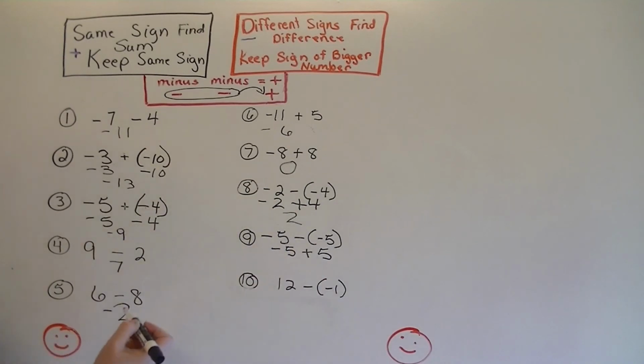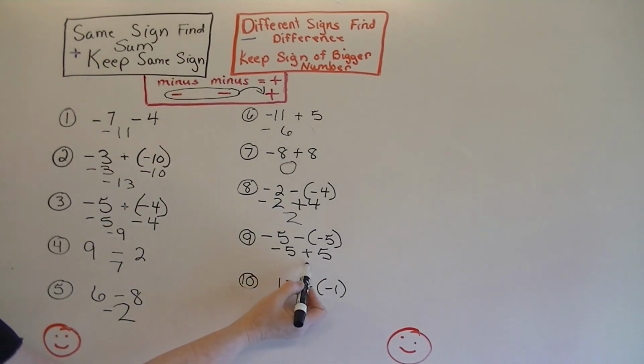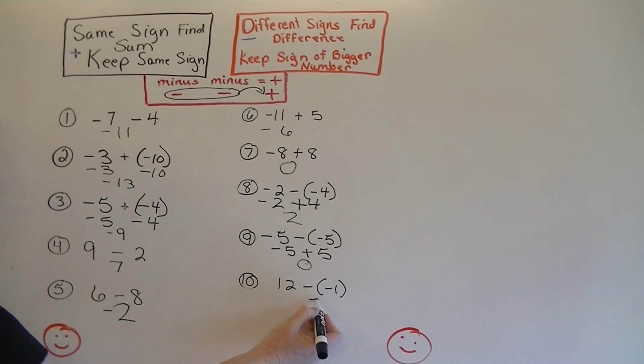Now I have different signs, so that puts me with the difference rule. I'm going to take the difference, and it's 0. And the last one, I have a minus, so I'm going to change that to a positive. Drop this down. I have a +12 and a +1, and that is 13 because they're the same sign.